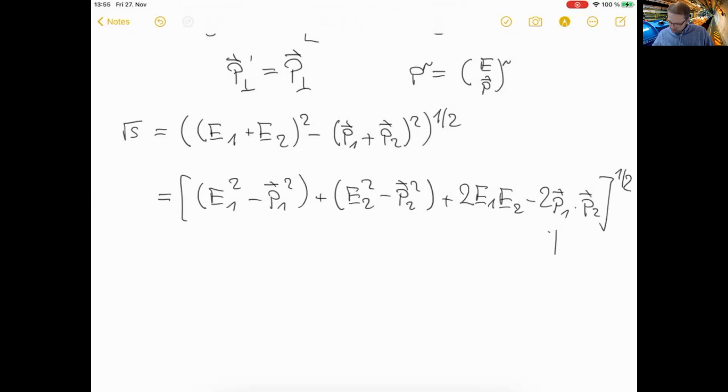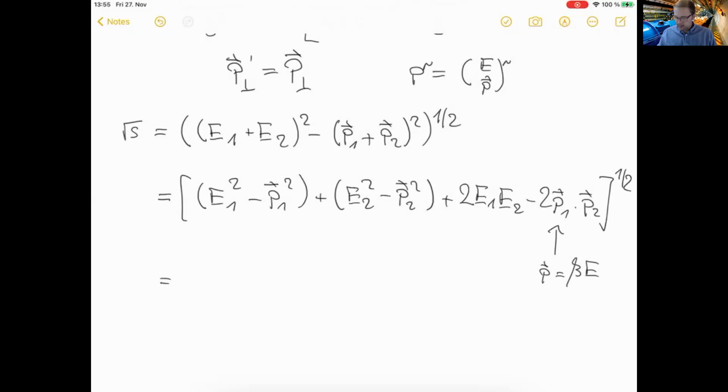Now we use p equals beta times E, which is an equation that holds for every particle that we've just derived.